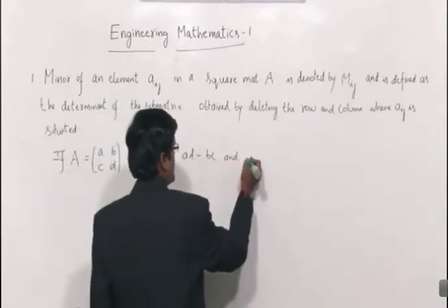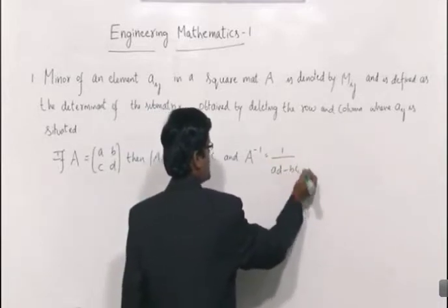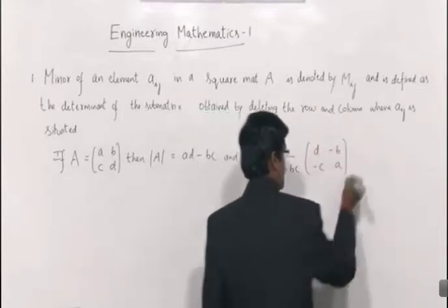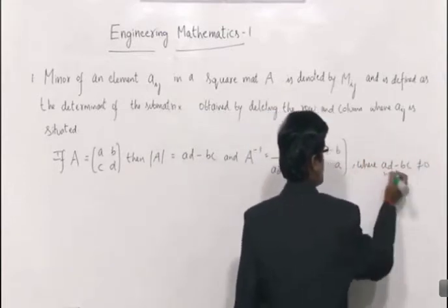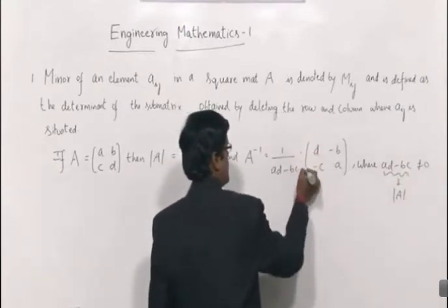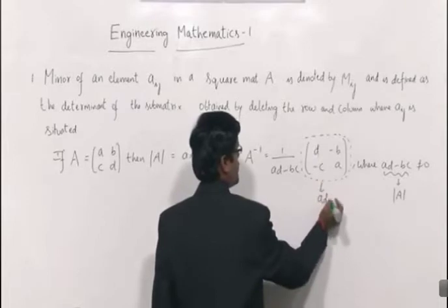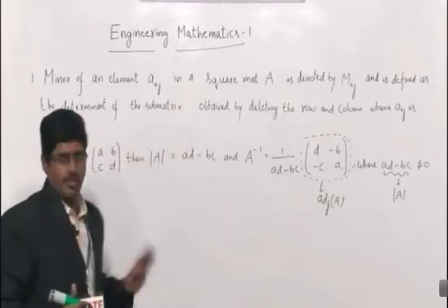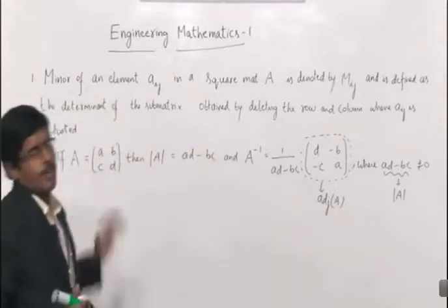And A inverse is equal to 1 by (AD minus BC) into the matrix D, minus B, minus C, A, where the denominator determinant A is not equal to 0. The matrix so obtained in A inverse is also called the adjoint of a square matrix A for a 2 by 2 matrix. Later we will come to this again, determinants and adjoint. For understanding purpose, to find the minor of an element in a 3 by 3 matrix, you should remember the 2 by 2 determinants.